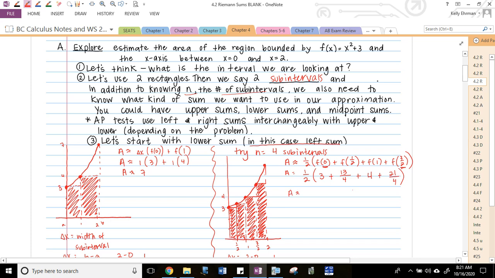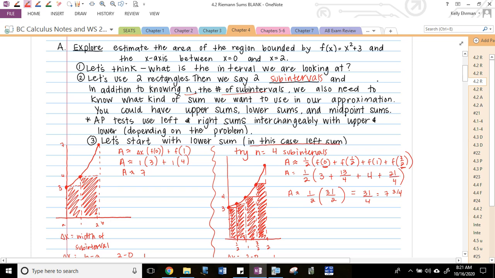In interest of time, I do have this calculated ahead of time just so that we don't have to take forever. So if you want to pause me at this moment so you can calculate and check, it's 7 plus 8.5, basically. So I've got 1/2 times 31/2, 31/4. Now, we don't normally change to mixed numbers, but I think it's worth noting that's 7 3/4.